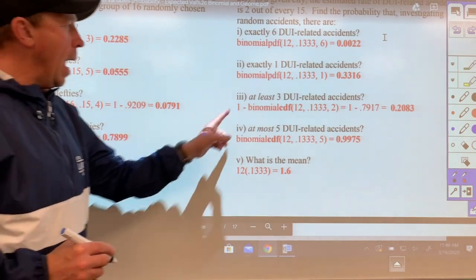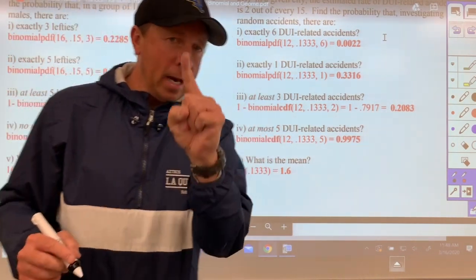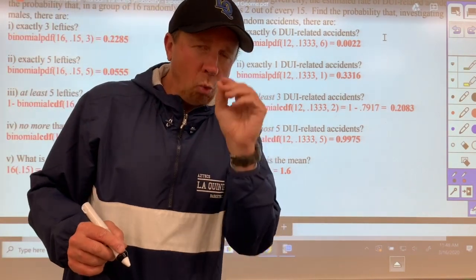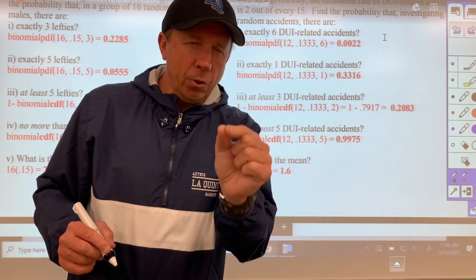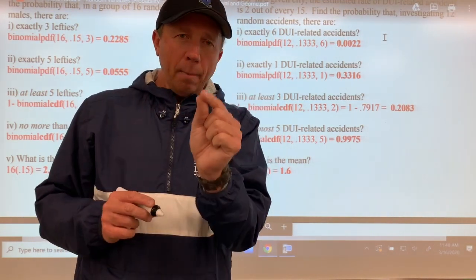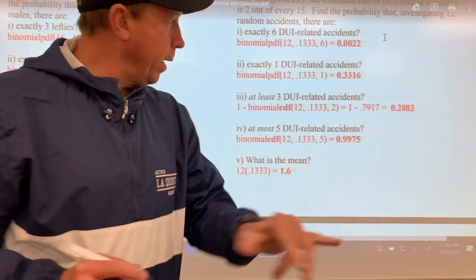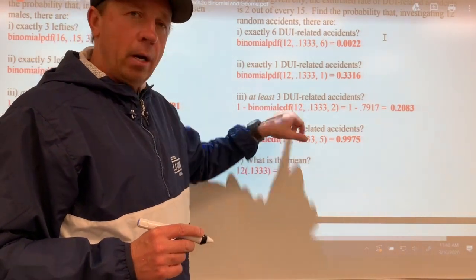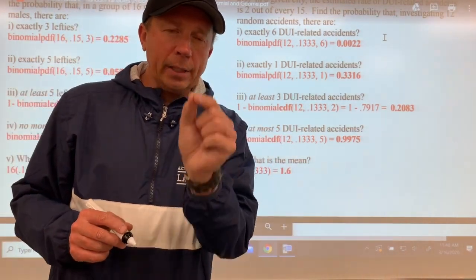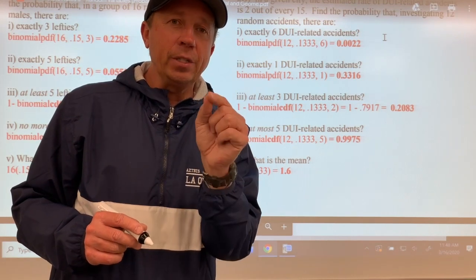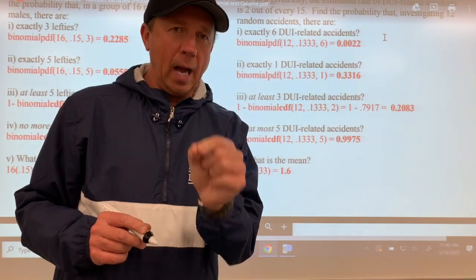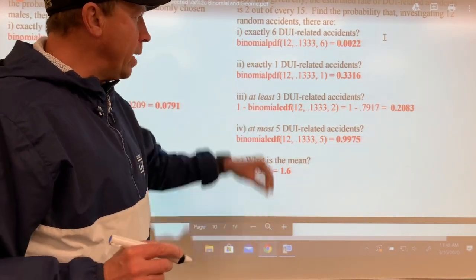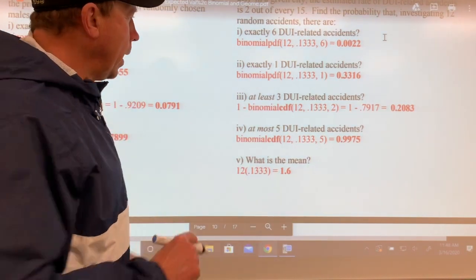At least 3. The complement of at least 3 is 1 minus 2 or less. Remember, the cumulative function, the C right here, is an or less function on the calculator. There is not an or more function. So 1 minus 2 or less. Okay?